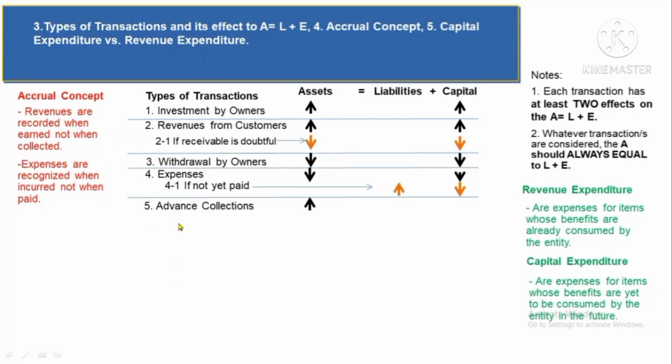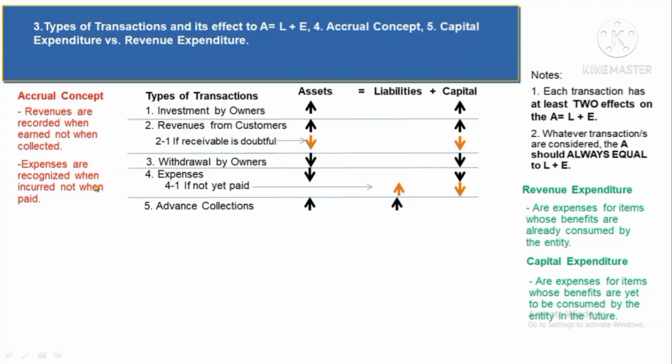So sir, if we do not increase the equity or the revenues, what account will we increase? The answer is the liabilities. You are already liable or obligated to deliver goods or services from the moment you accepted the advance payment. And by the way, these advance collections are technically known as deferred revenues, the opposite of accrued revenues.